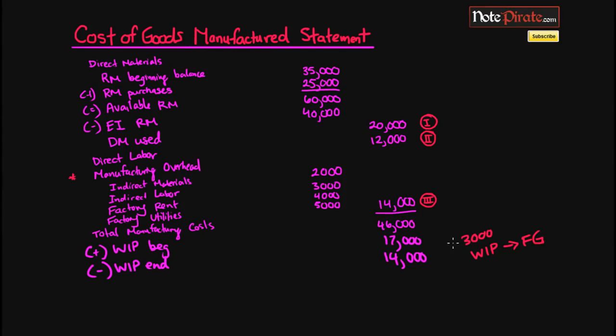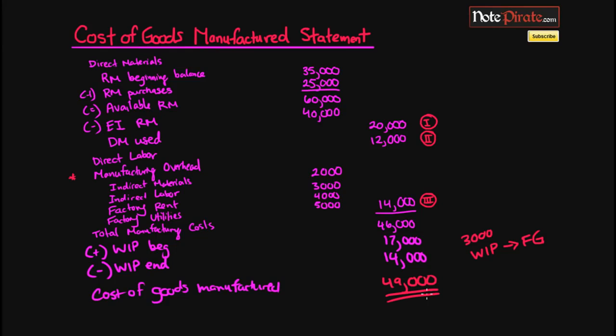So those $3,000 of costs are going to be applied to our cost of goods manufactured. So we're going to add the $3,000 on to cost of goods manufactured. So that's going to be $49,000 for our ending balance.